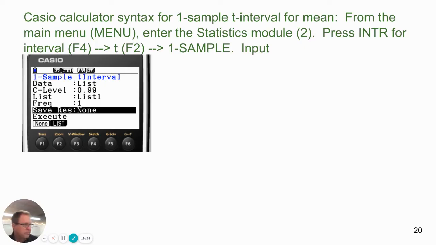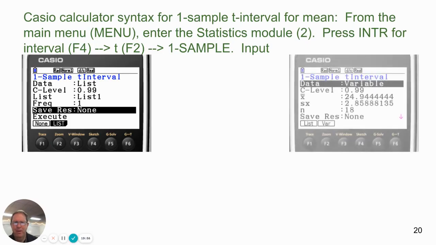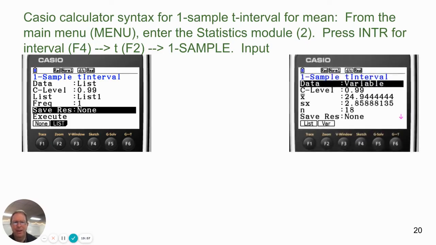Now, suppose that you don't have a list of the data, but instead we give you the mean, the standard deviation, and the sample size. Then you're going to hit var and input your variables. So this is what we're going to do this time.